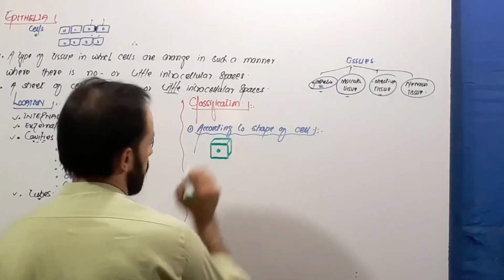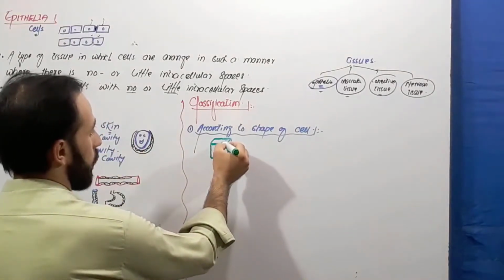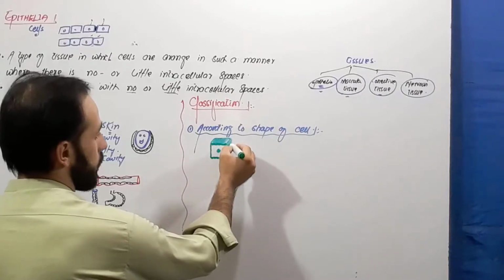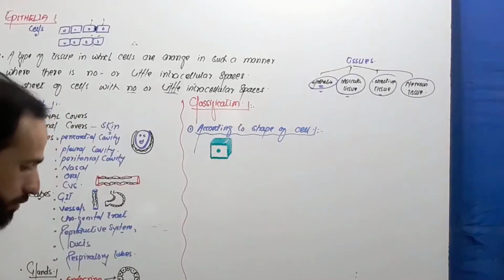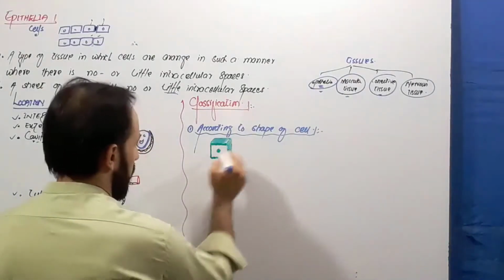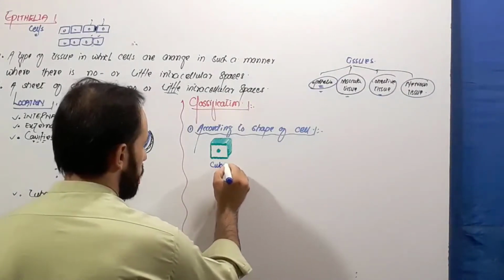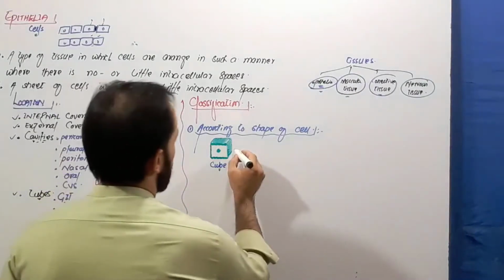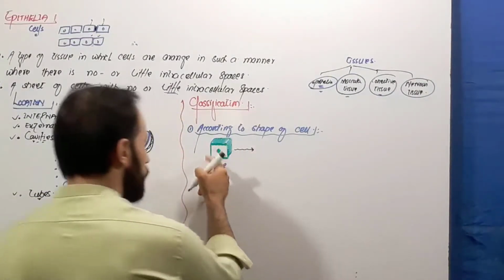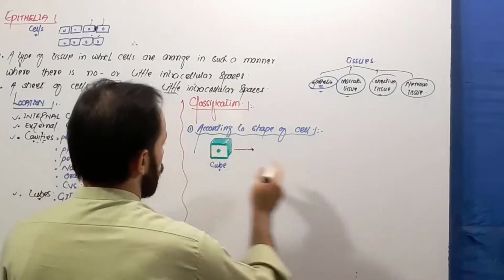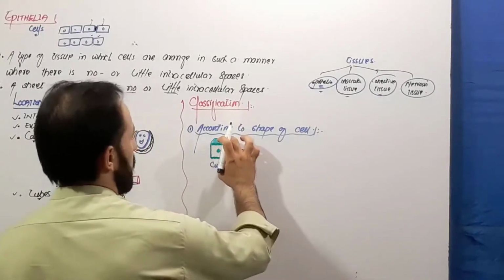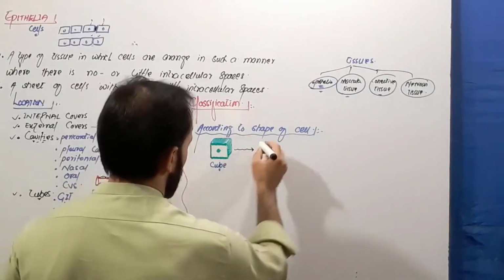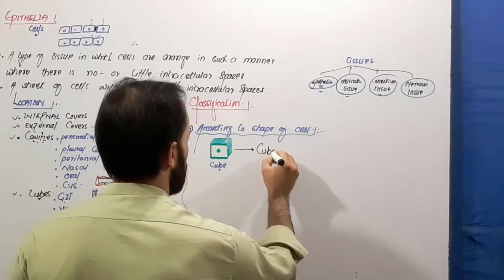So such type of epithelial tissue in which all the sides are equal to each other is called cube arrangement, right? So we say, if we look at the epithelial tissue, we will find such type of cells in that tissue. So according to the shape of the cell, we call them cuboidal.